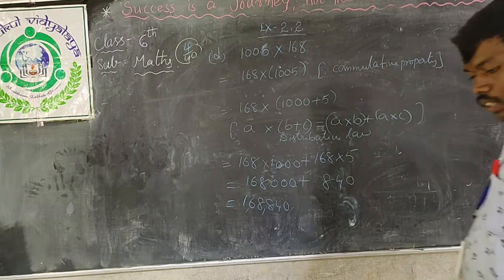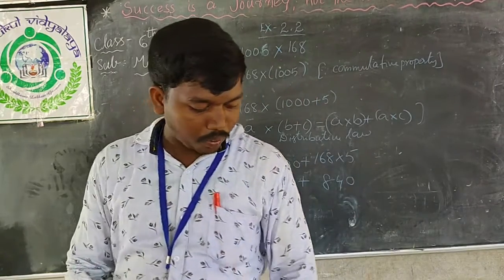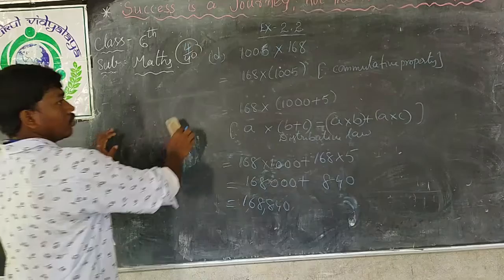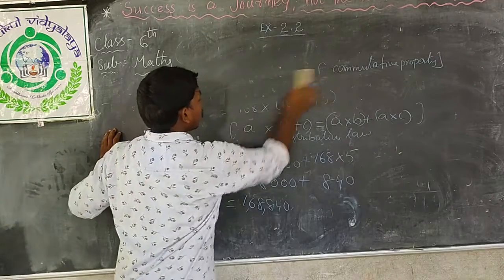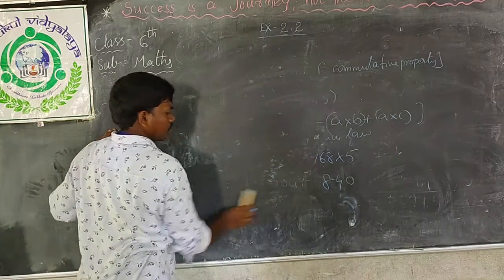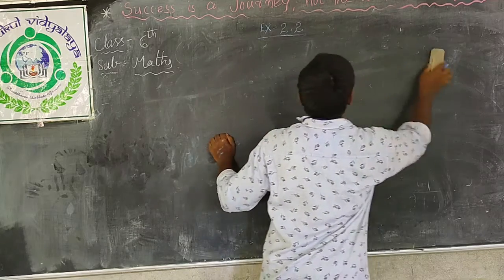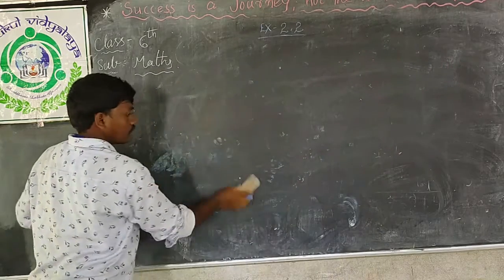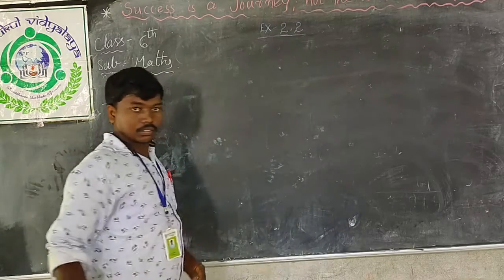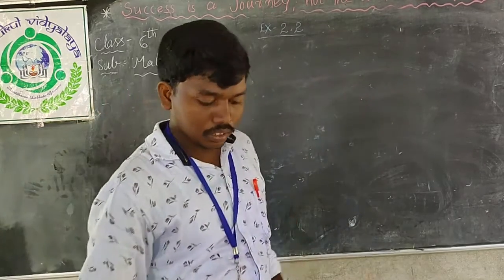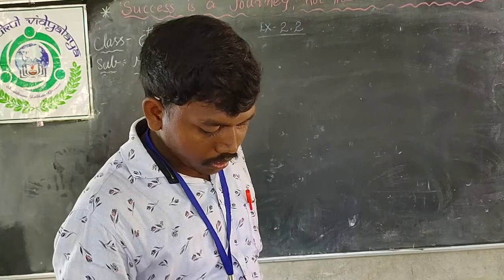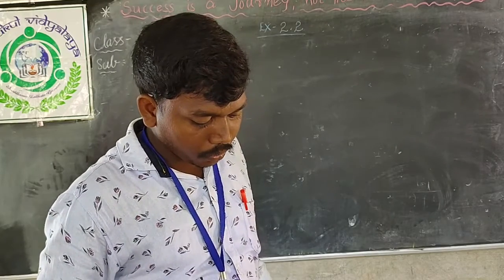Okay, children. Next one. Sum number 5. See the children, page number 40, fifth one.